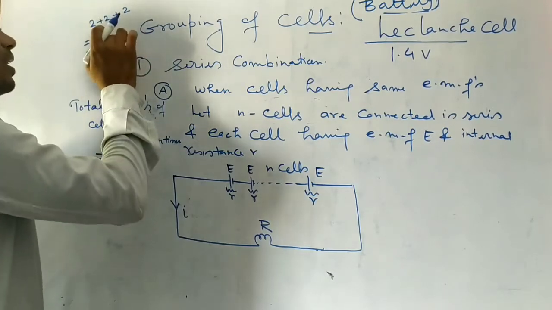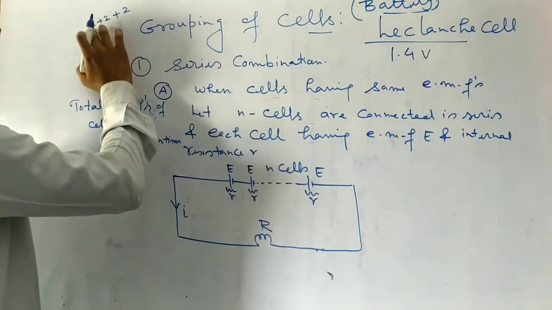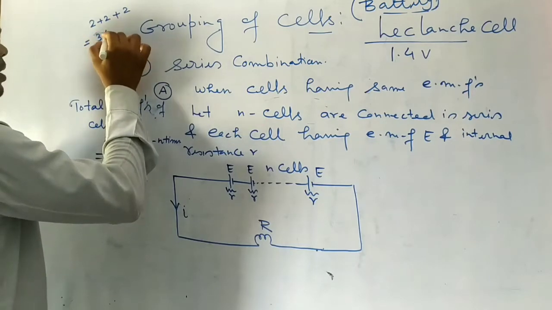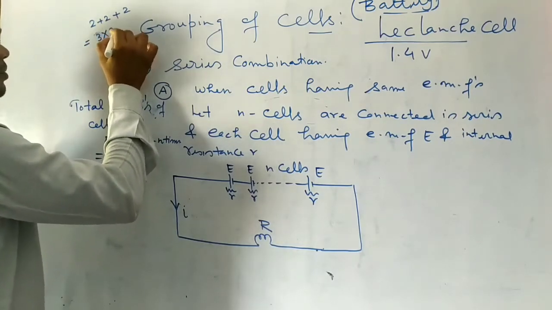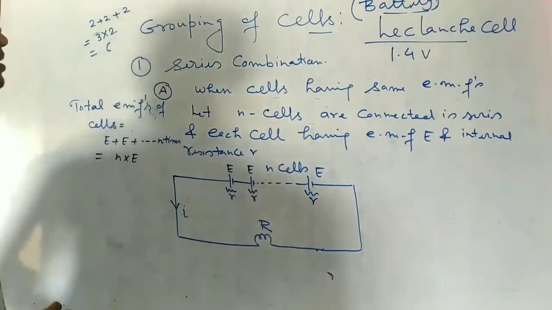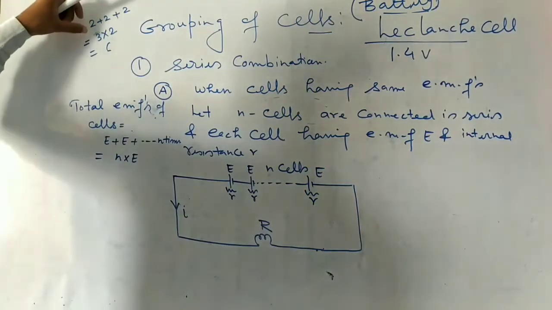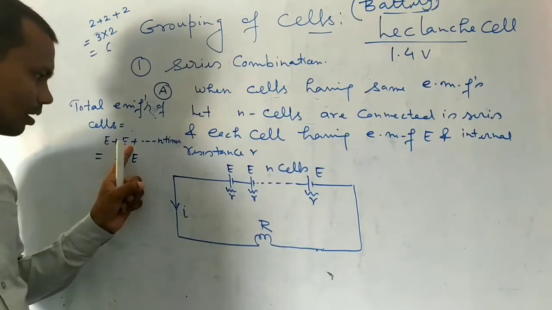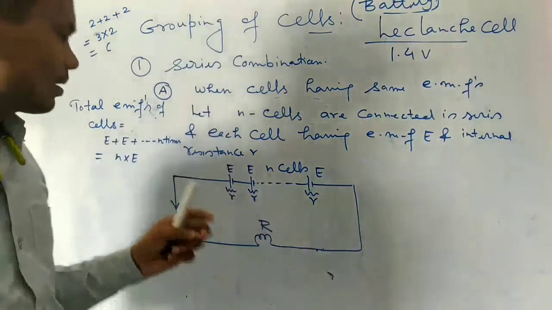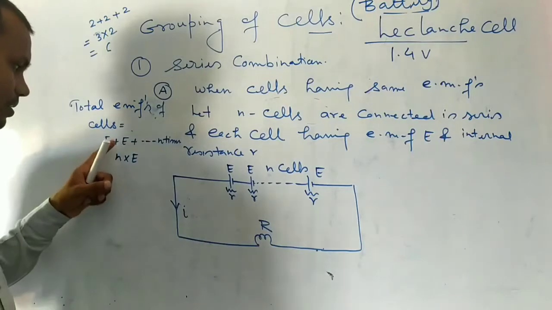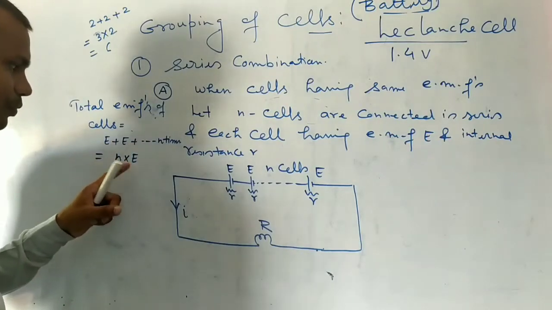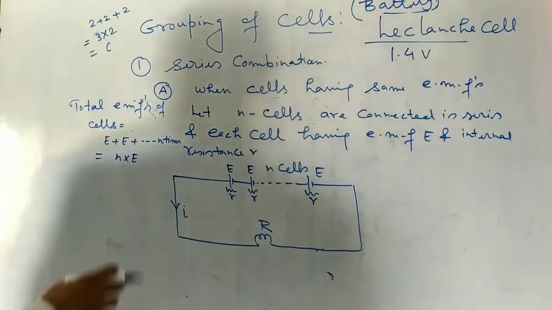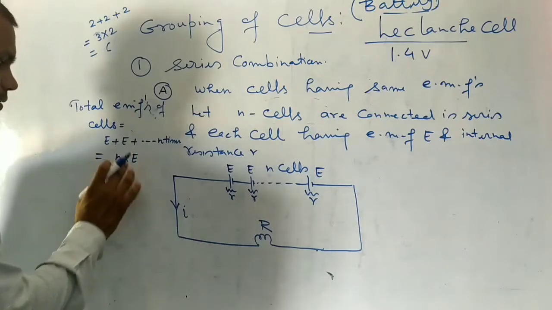How many times is 2 repeated? 1, 2, 3, so 3 into 2, which is equal to 6. Here also you have to see how many EMFs there are; total n times we are adding, or simply we can write n into E, right?